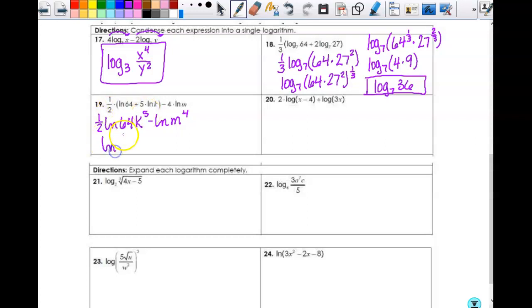So I'll get the natural log of 64k to the 5th to the 1/2 power over m to the 4th. So then this 1/2 power, I have the square root of 64, which is going to give me 8 times k to the 5/2 over m to the 4th.